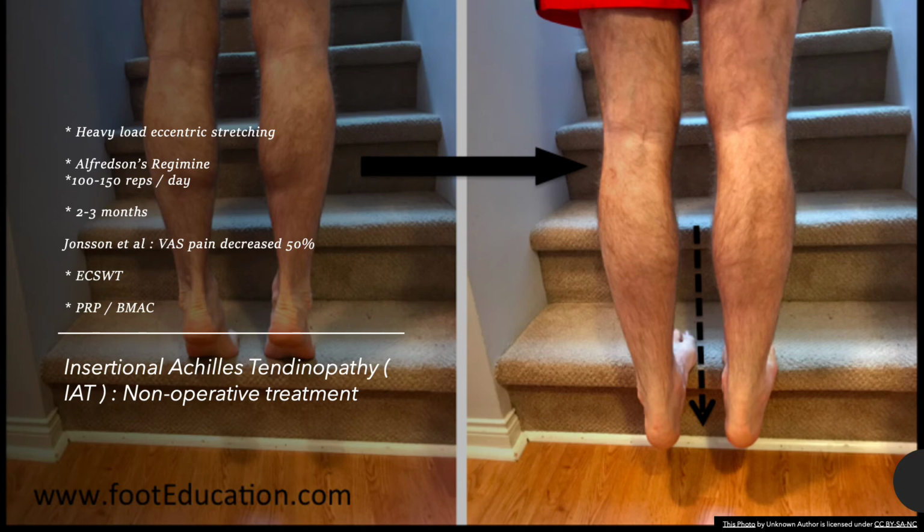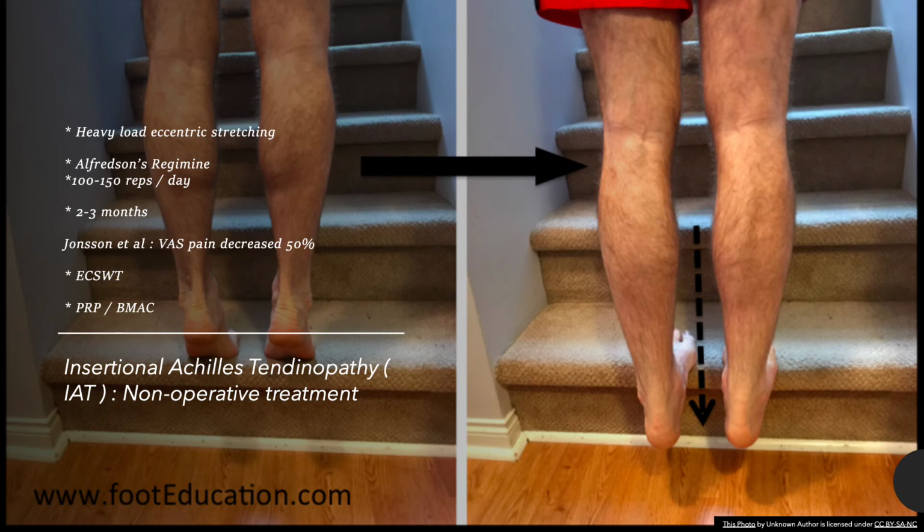There are fairly favorable results in the literature. Hansen et al. in his paper described a pain reduction using a VAS scale of just about 50% after 3 to 4 months of stretching.